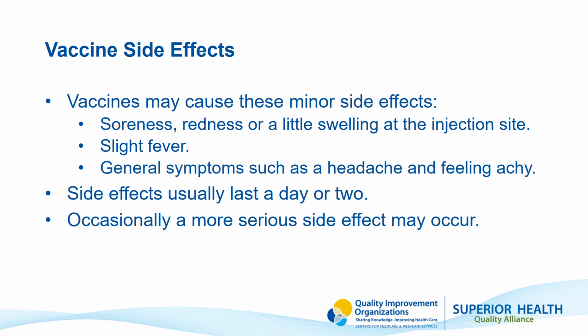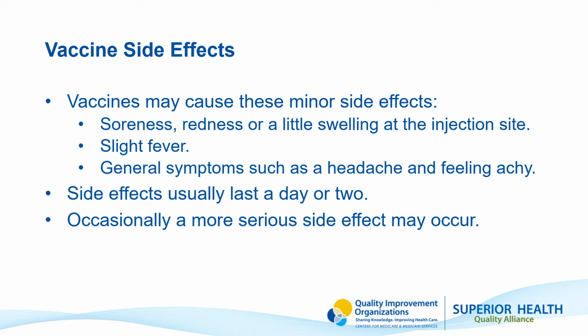All vaccines may cause minor side effects after they are given. Examples of minor side effects that could occur after a person gets a vaccine include soreness, redness, or a bit of swelling at the site where the vaccine was given, slight fever, and general symptoms such as headache, feeling achy, or being a little more tired than usual.